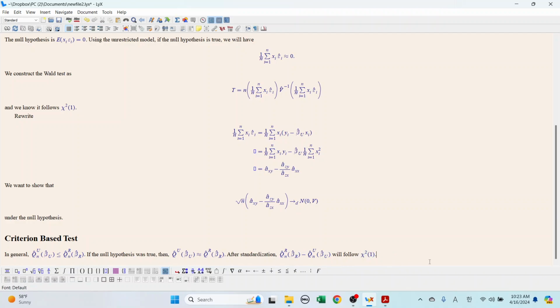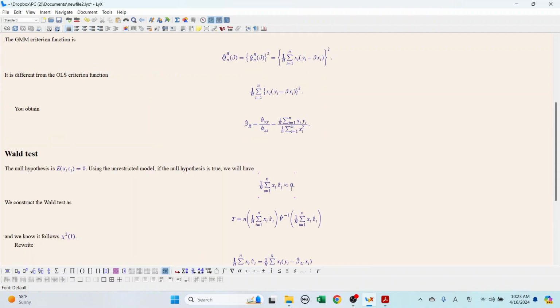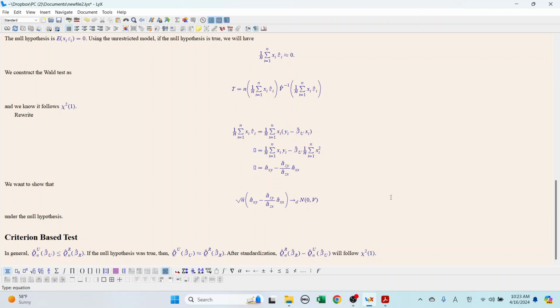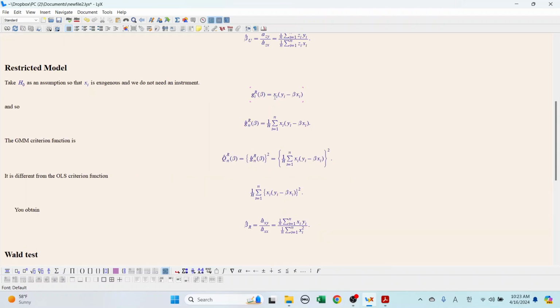But here, actually, there is another thing I have to mention. In the previous homework 4, we learned that if you know x is exogenous, the instrumental variable does not matter, right? In the previous homework, we actually considered a vector here, not just x itself.